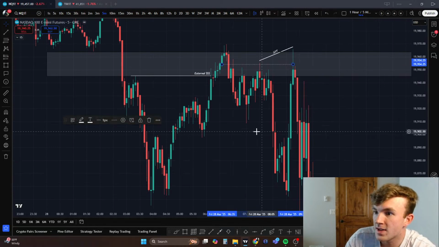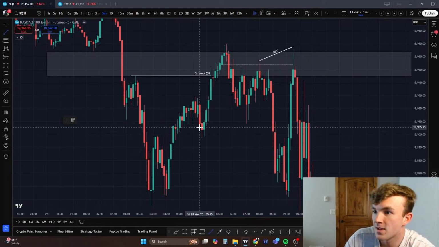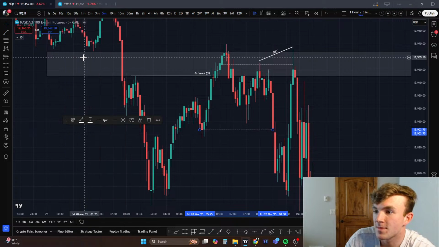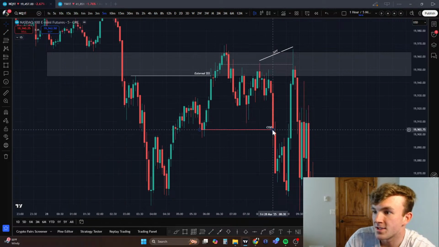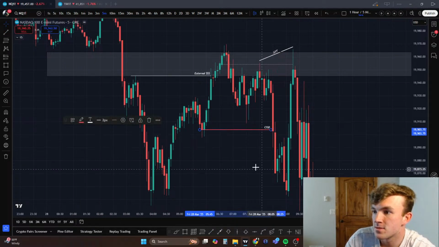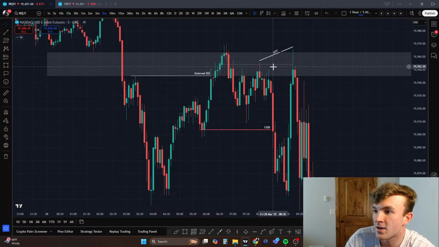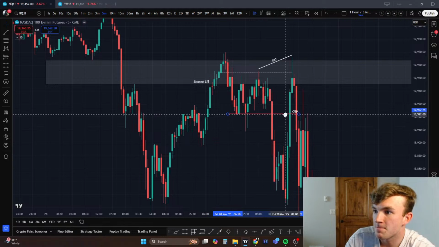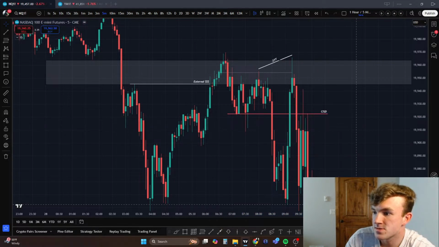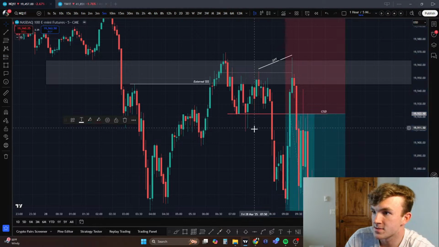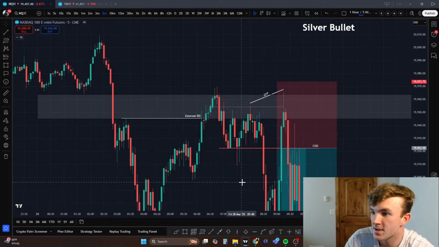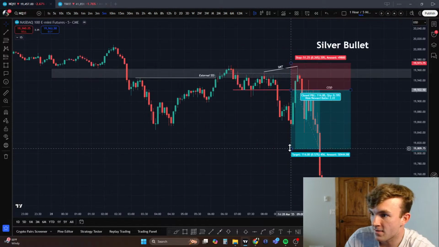So I wouldn't take these because it's just not obvious enough, right? So you just gotta be super, super patient. Like the RR on this would suck. Now this would be fine. Maybe you could take it like this with your stop loss above the high. You could take it like this, and this would have worked out fine, right?